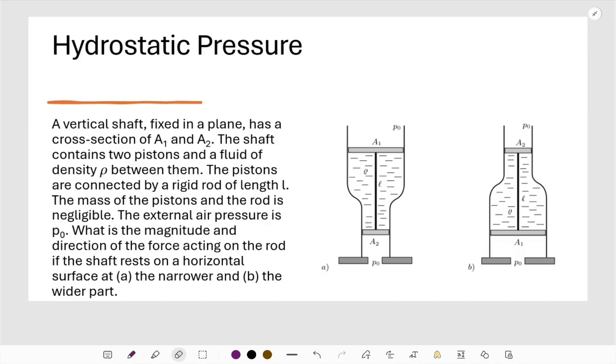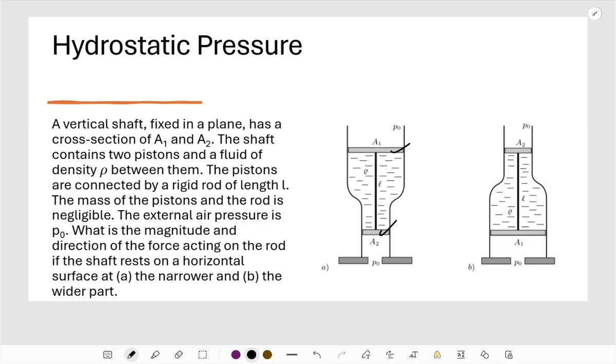The problem is a vertical shaft fixed in a plane, okay, has a cross section of A1 and A2, and the shaft contains two pistons. You can say these two pistons, and a liquid of density rho.